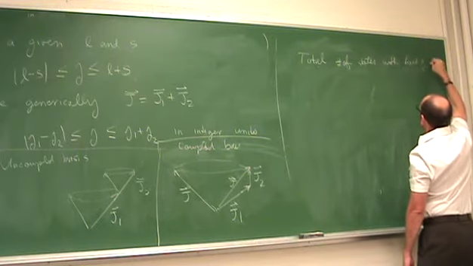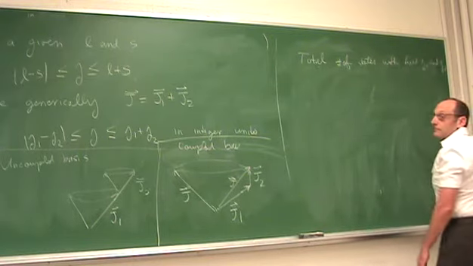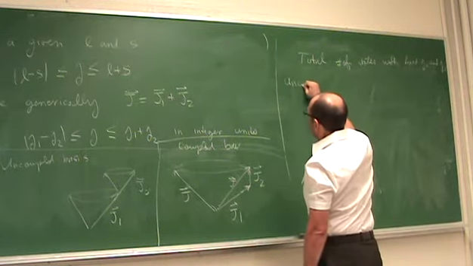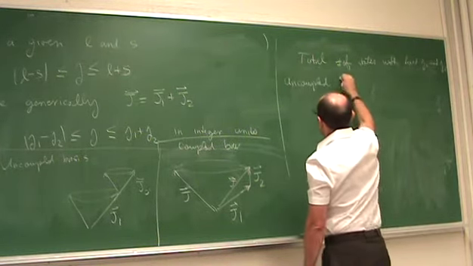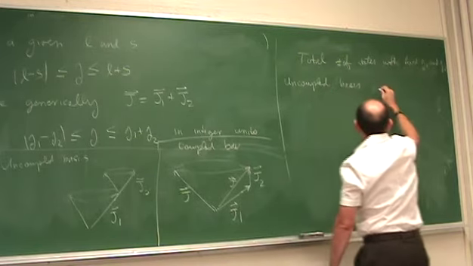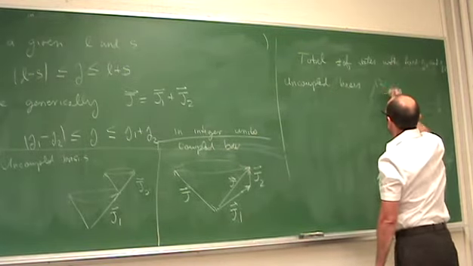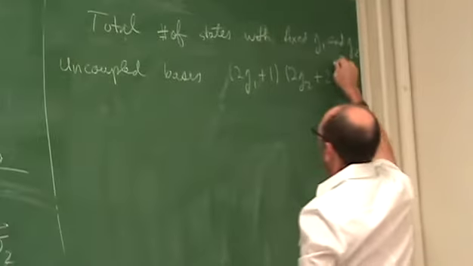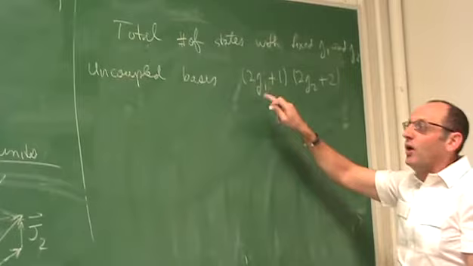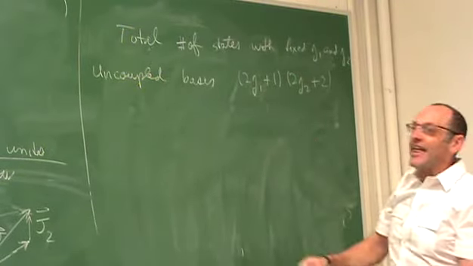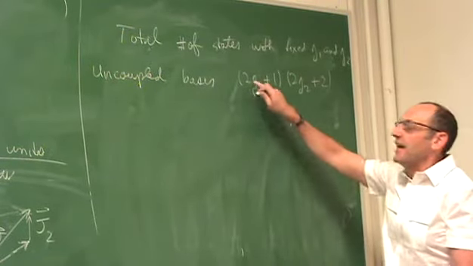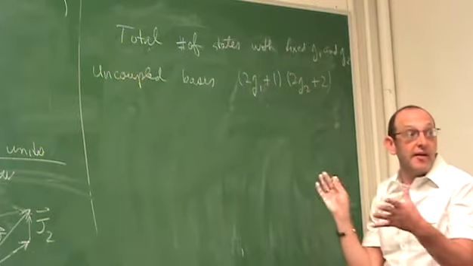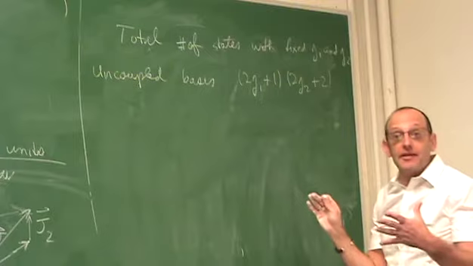So if I fix J1 and J2, then the total in the uncoupled basis is 2J1 plus 1 times 2J2 plus 1, because each one of the individual angular momenta has 2J plus 1 projections, and the product of them is the total dimension of the space.